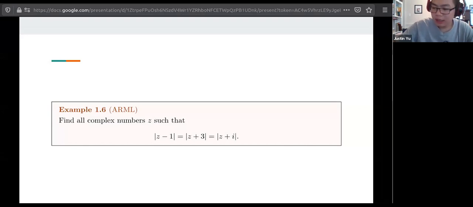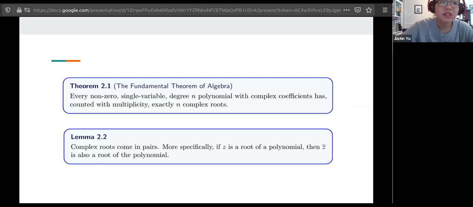And it turns out that complex numbers are really, really nice because actually every root of a polynomial can be written as a complex number. This is known as the fundamental theorem of algebra.